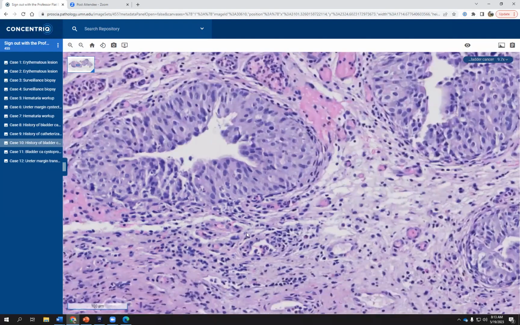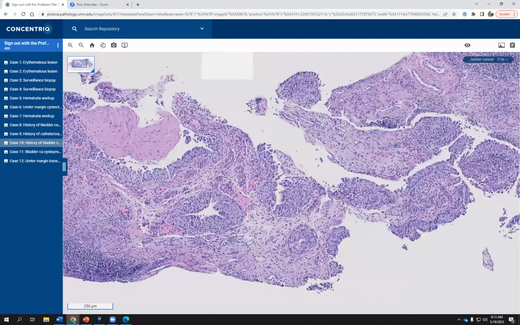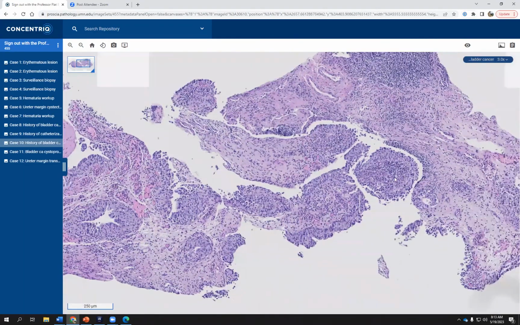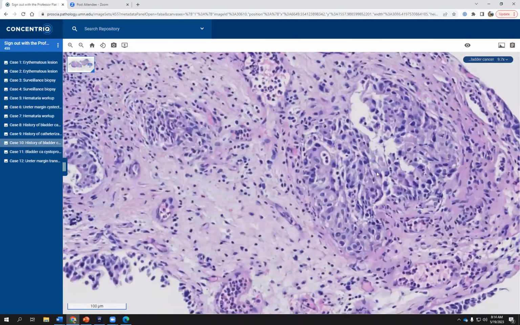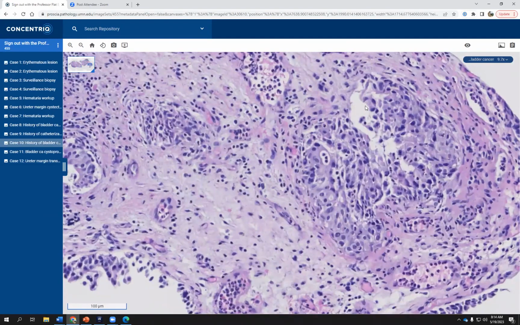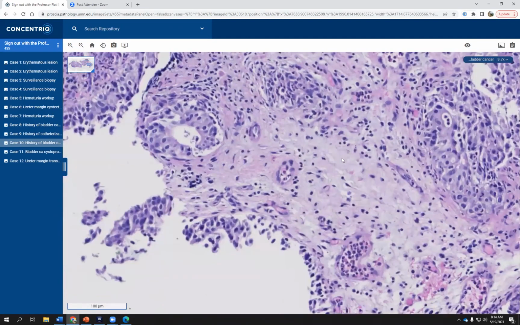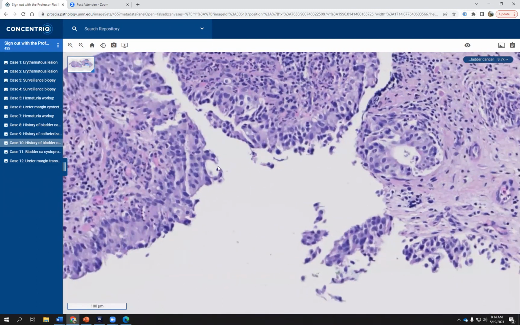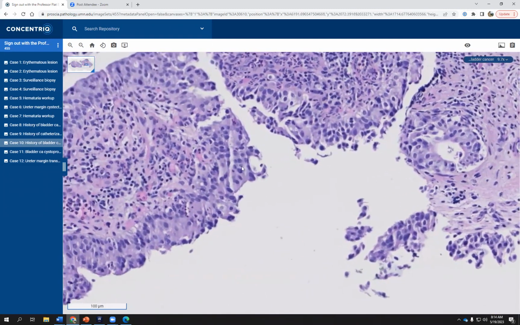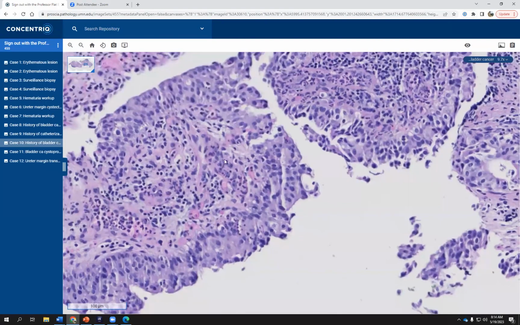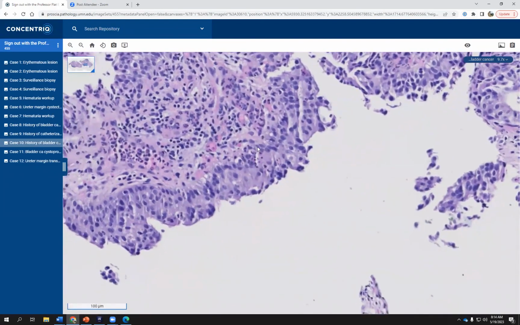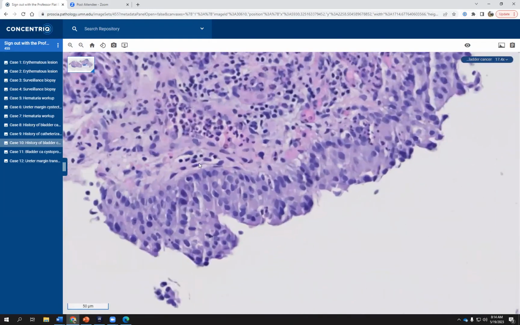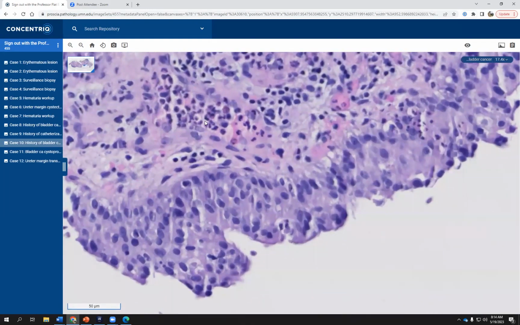Over here, we see a bunch of neutrophils, and as we look around, we see bunches of neutrophils here as well, associated with this atypical looking urothelium. So even though you're extremely worried that this is carcinoma in situ because of all the features that we saw, there are these neutrophilic clusters in the urothelium that could potentially represent a reactive change.